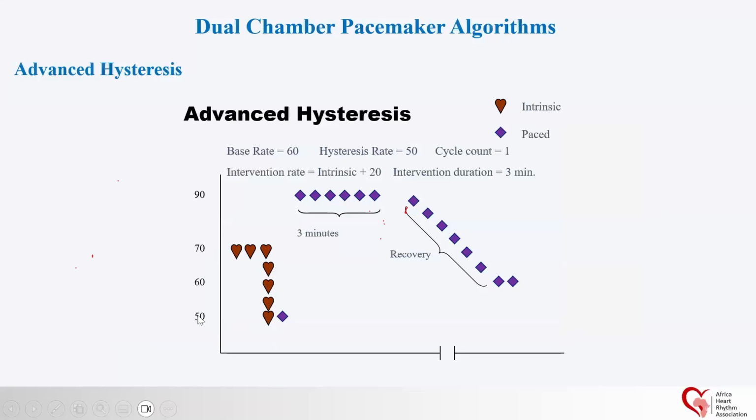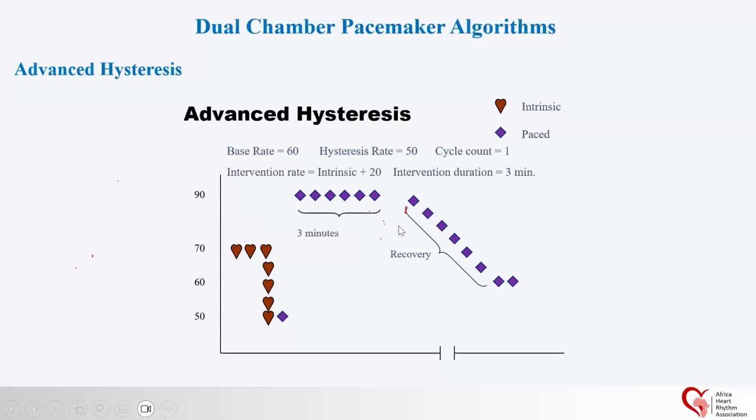So when it arrives at 50, and we have just one cycle, the algorithm will increase the rate to the last rate plus 20. The last intrinsic rate plus 20, that means 90, and the pacemaker will pace at this rate for a period of 3 minutes, that we call the intervention duration.